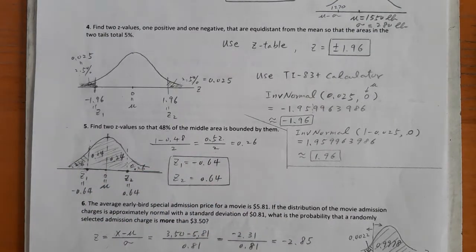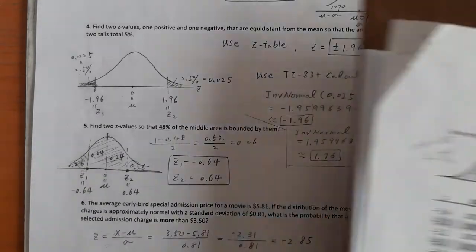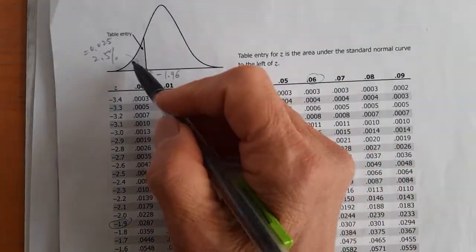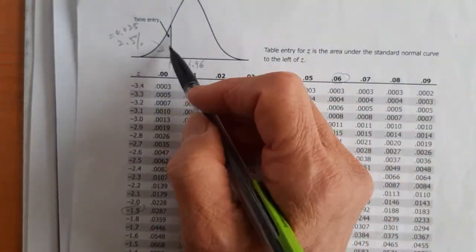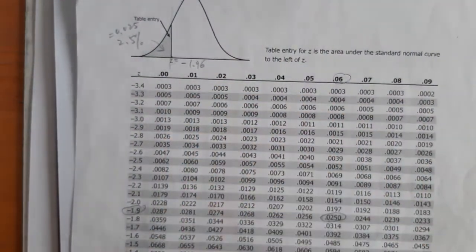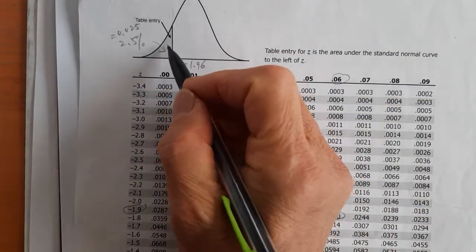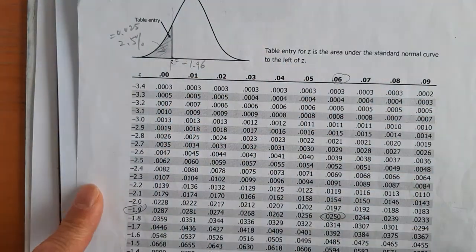You look at the table, where this is z and the body is the probability to the left of the z-score.